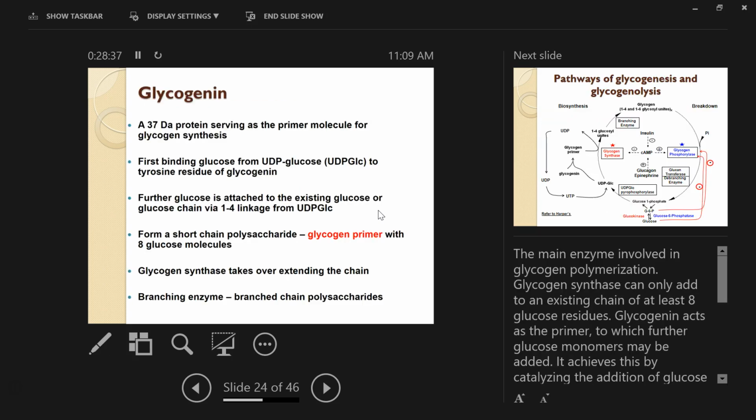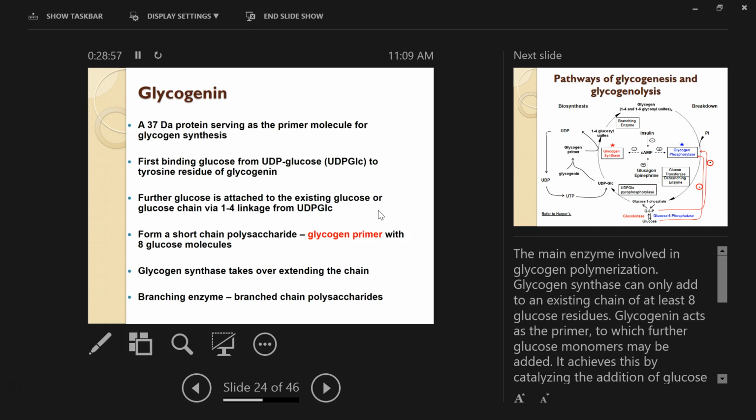All right. So glycogenin. Glycogenin is basically a 33 kilodalton protein, right? And the function of glycogenin is to serve as a primer molecule for glycogen synthesis.